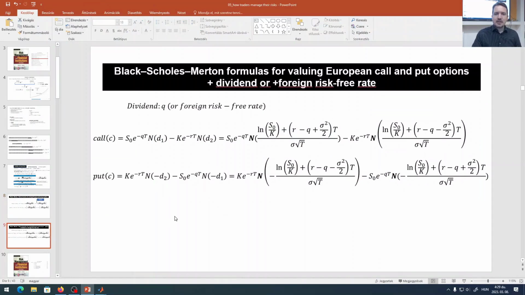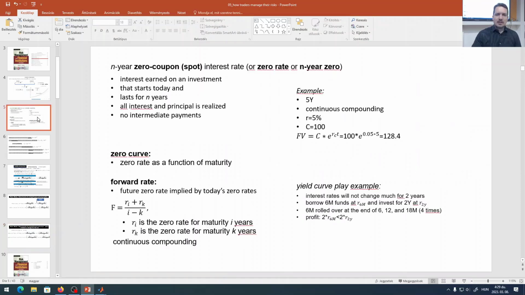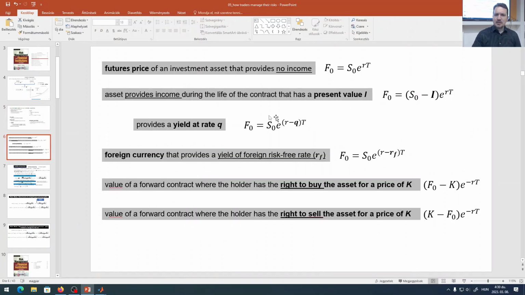And after that we can develop things further. So practically we can still add an add-on from last week, and we can remember that there was a situation when we had this yield at rate Q, so when the asset provides us some extra dividend or whatever.